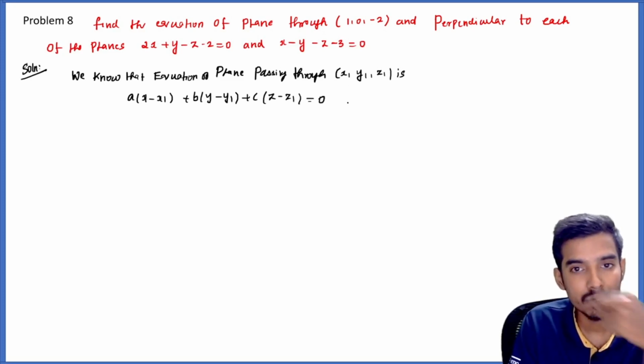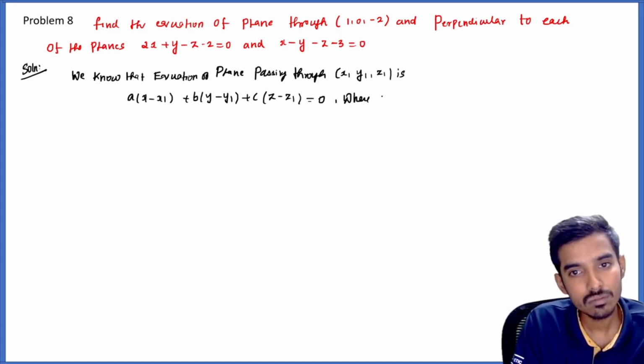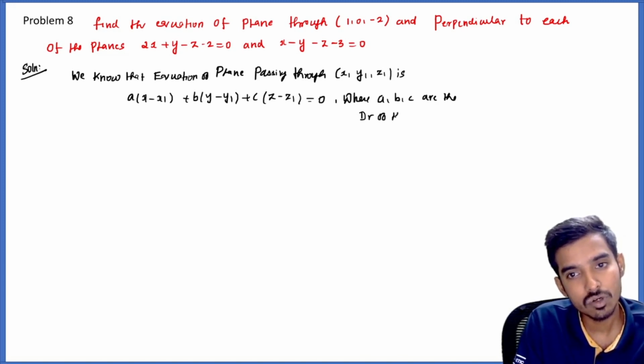This is the required equation where a, b, c are the direction ratios of the normal, right?